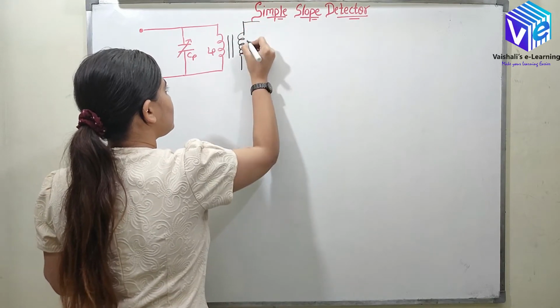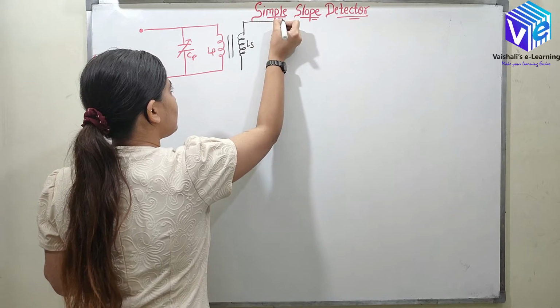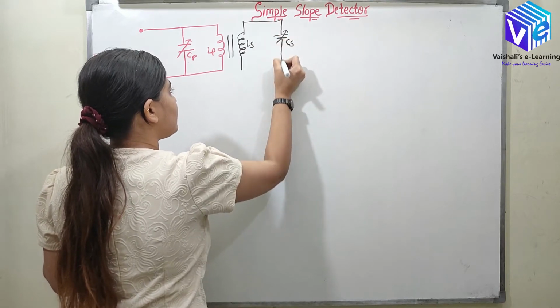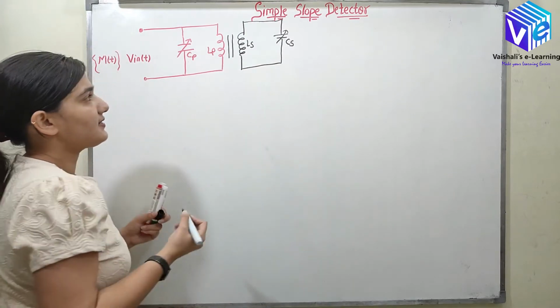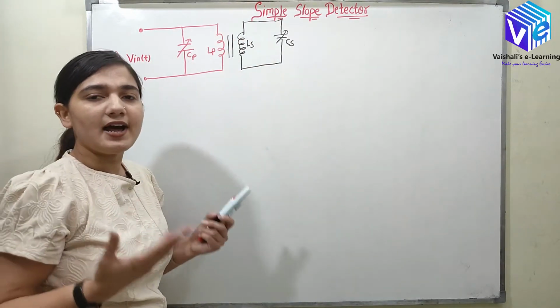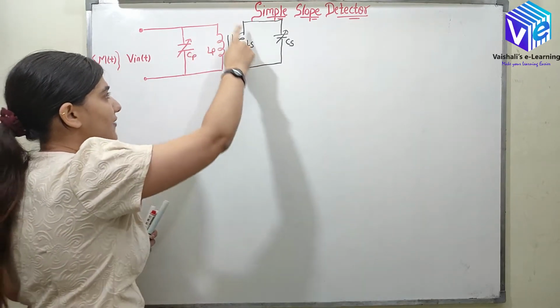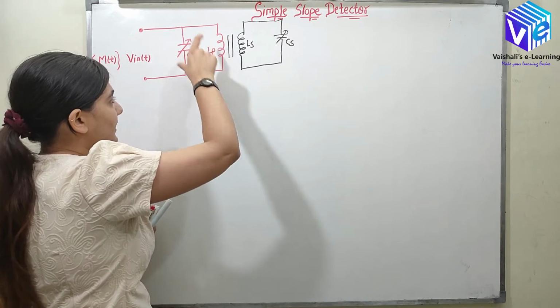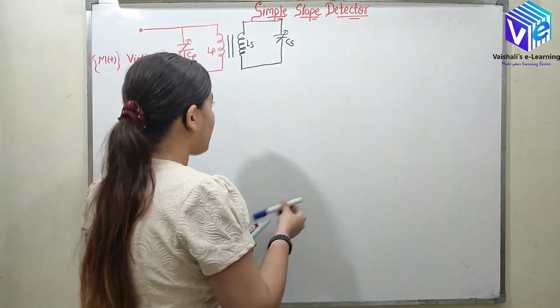Now this is L_S, it is connected to C_S, and this is my secondary tank circuit. Overall this circuit makes a transformer. So here we have a transformer which is connected here to the primary tank circuit. This is the secondary tank circuit.